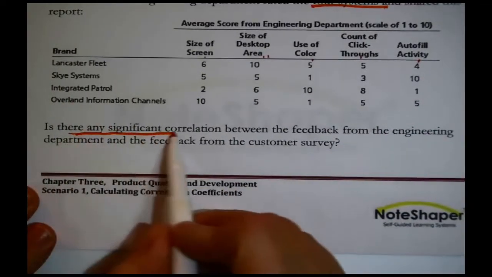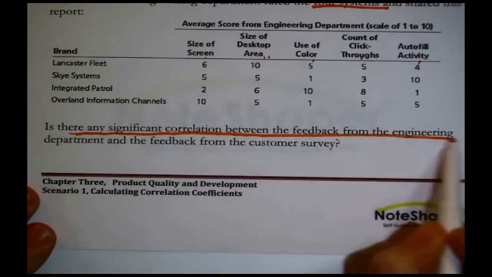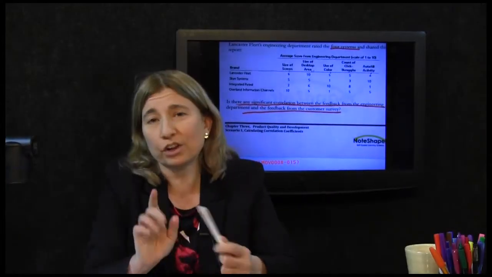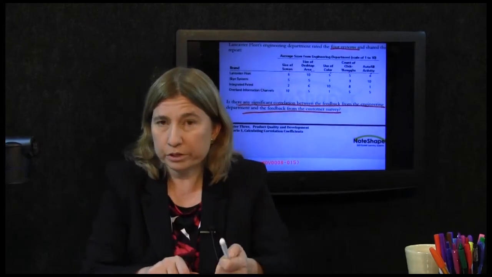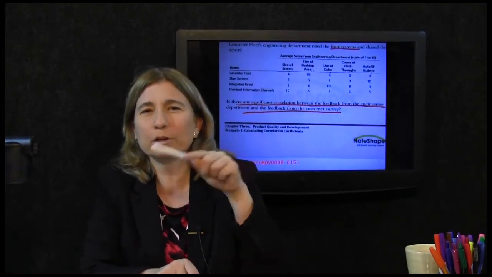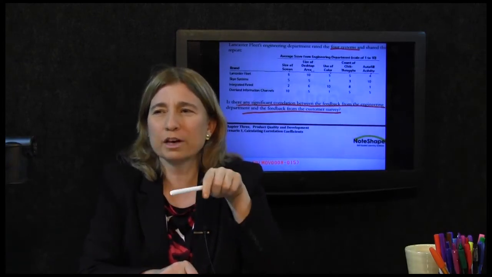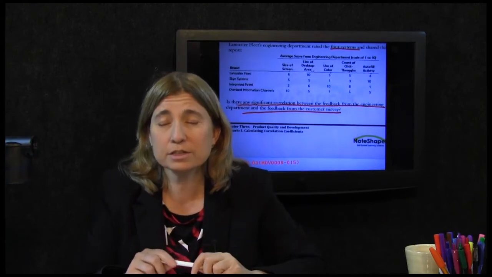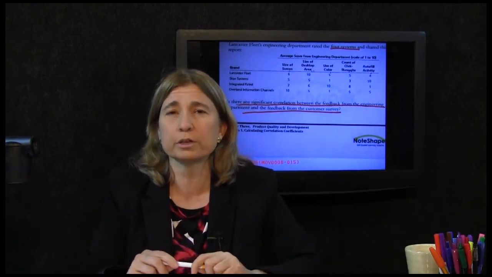Is there any significant correlation between the feedback from engineering and the feedback from the customer survey? I underlined that in orange ink because through all the middle part of this, all of these calculations, we have to remember that that was the question. This is the question that we will ultimately answer.